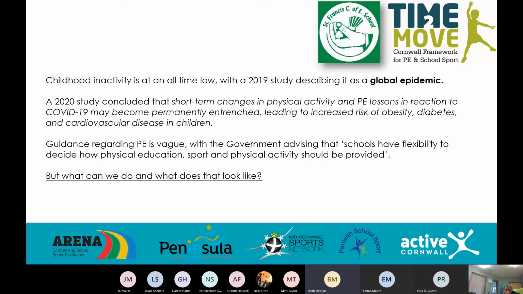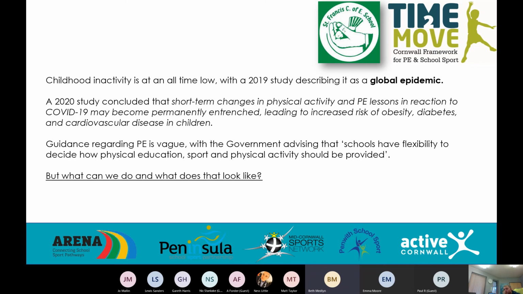So I thought I would start by having a look at what the current projection looks like for the children that we have in our schools, with childhood inactivity being at an all-time low and being described as a global epidemic. So not just something that is affecting us in the UK or just in Cornwall, it is affecting children all around the world.